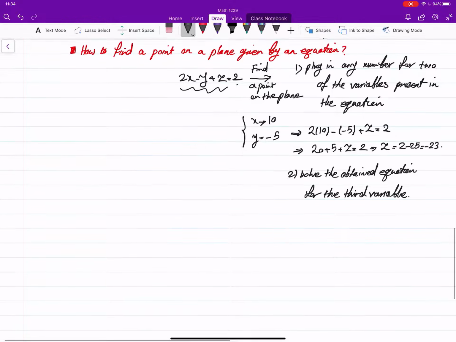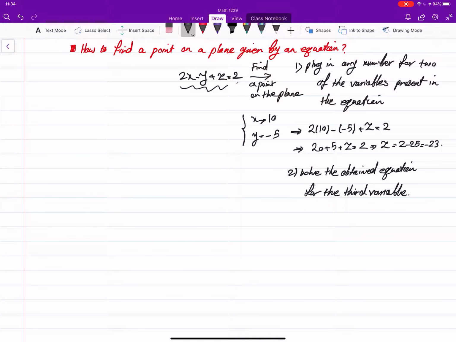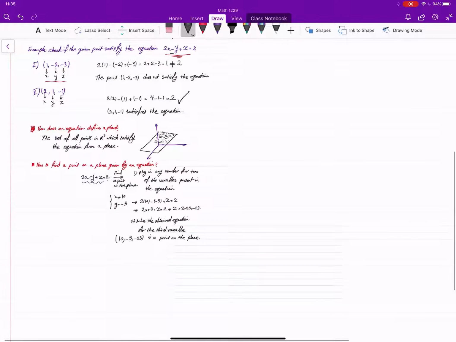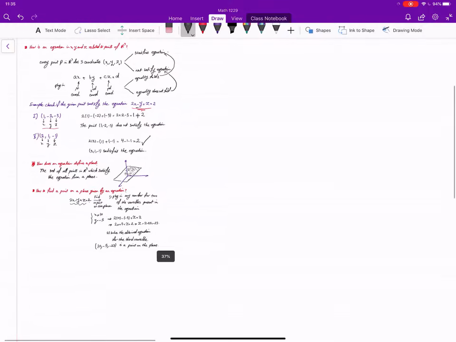Here we did that, and what we find is that the point we found has x, the first coordinate, 10, y, the second coordinate, negative 5, and z, the third coordinate, negative 23, and it is a point on the plane. So you plug in any two of the variables present in the equation and then solve for the third one, and you will find all coordinates of a point on the given plane.